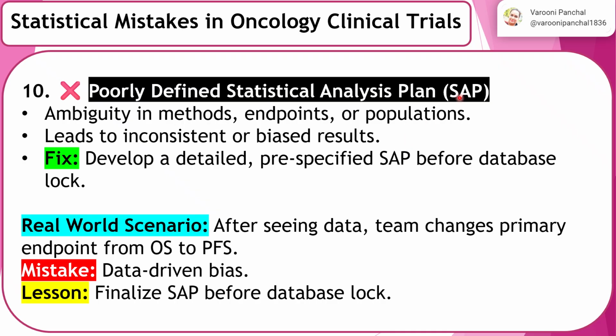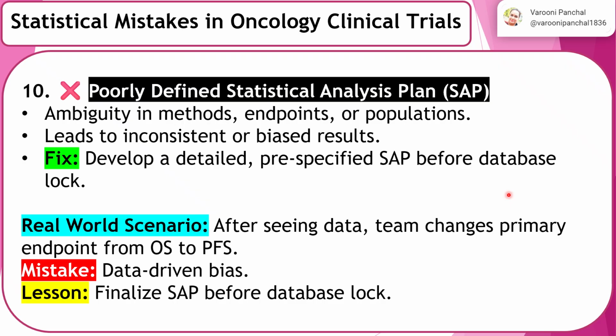If your SAP is poorly defined, and the assumptions and the formulas are not taken properly, then obviously it will lead to errors. You can fix this by developing a detailed pre-specified SAP before any database lock. The statistical analysis plan needs to be finalized and approved with the sponsor before database lock.